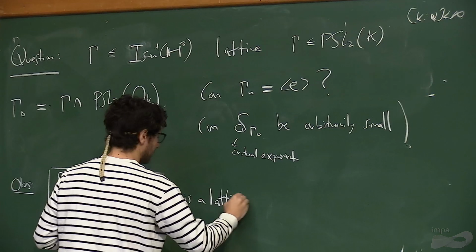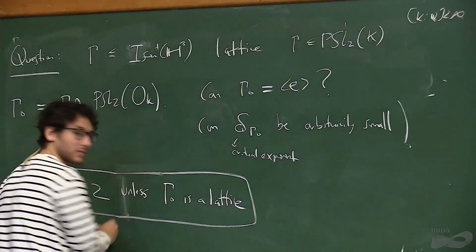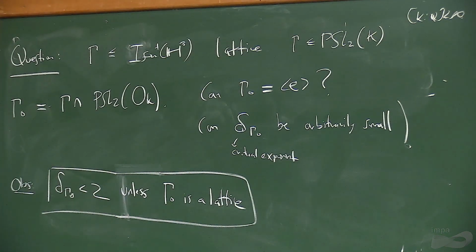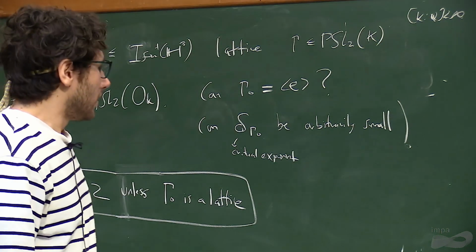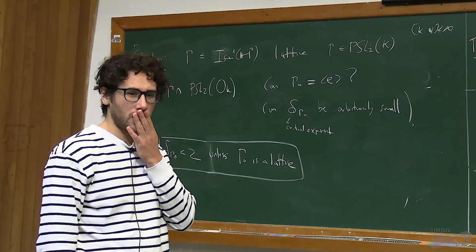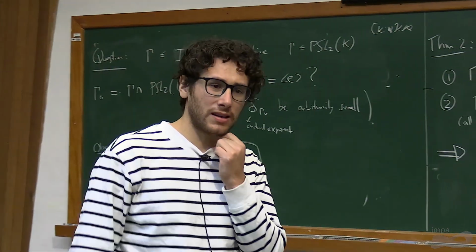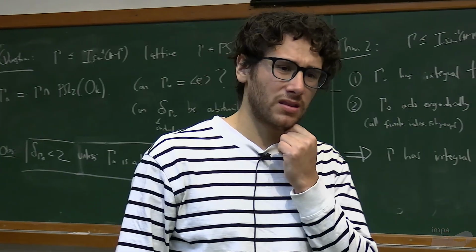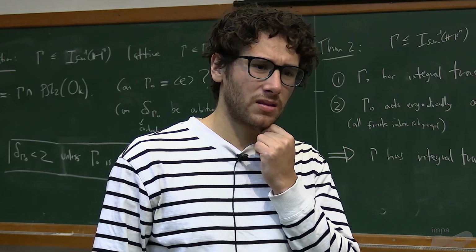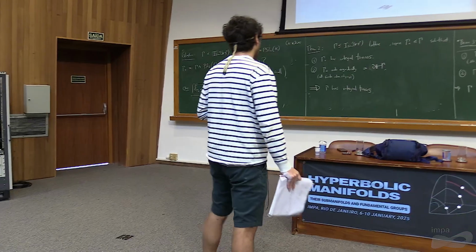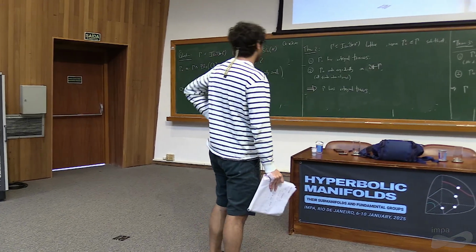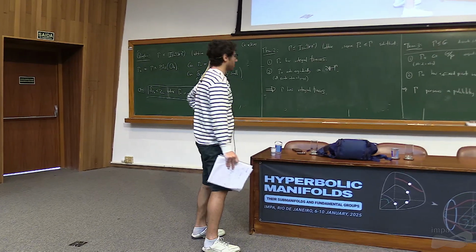Regarding condition number 2, how is it connected with gamma? Should gamma 0 be Zariski dense? If it acts ergodically, that probably follows from Zariski density.